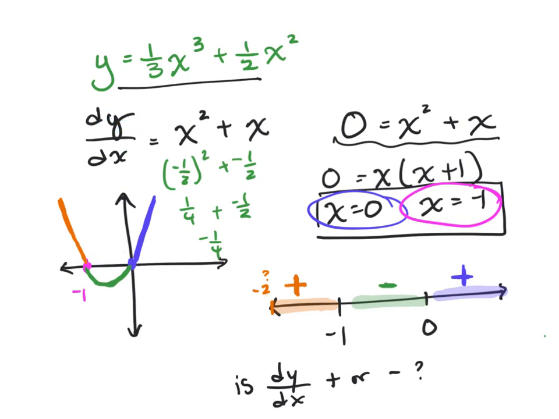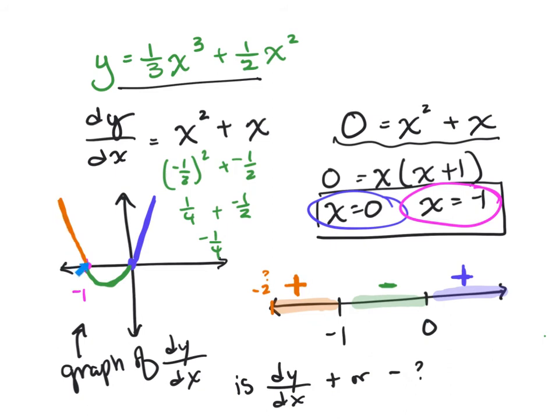This is a graph of the derivative. Okay, so what does that tell me about my original function? Well, my original function has a slope of 0 at x equals negative 1, and it has a slope of 0 at x equals 0. Before x equals negative 1, so over here, it has a positive slope.